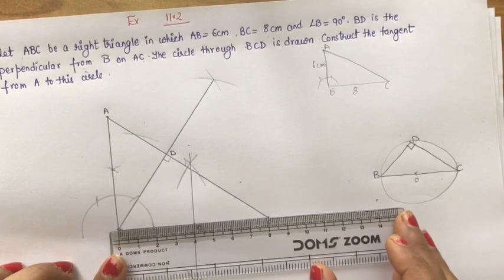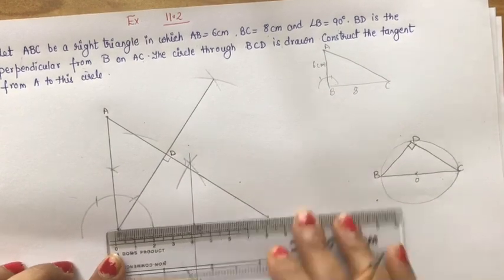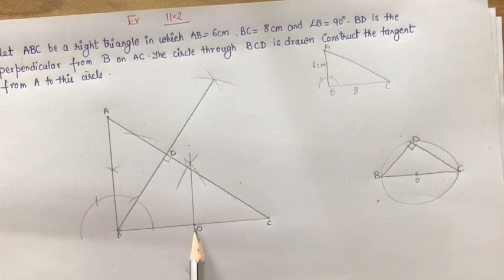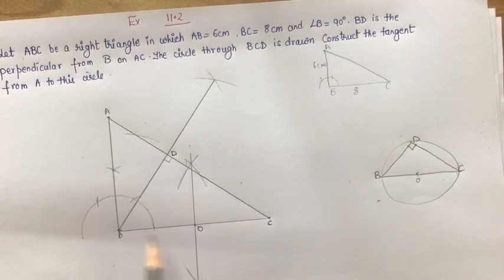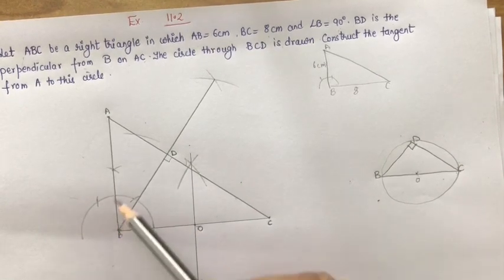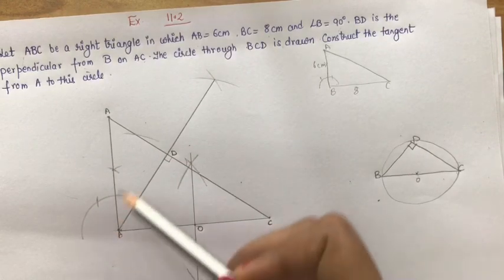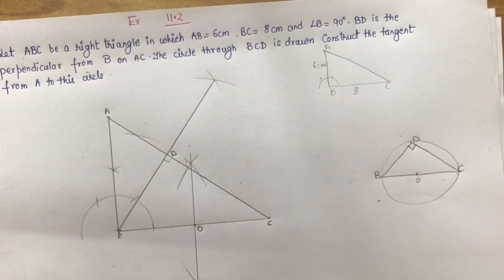See that it is exactly 4 centimeter. We have bisected. Now taking O as center and OB as radius, we will draw a circle which will pass through all the 3 points.